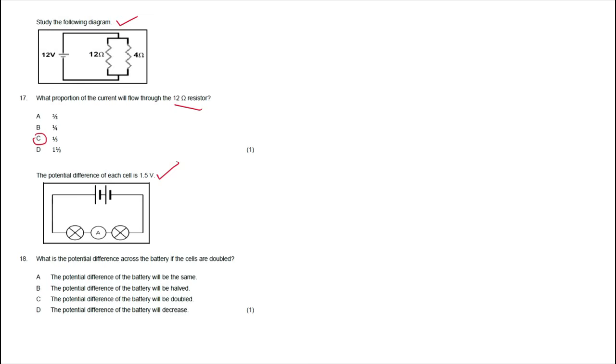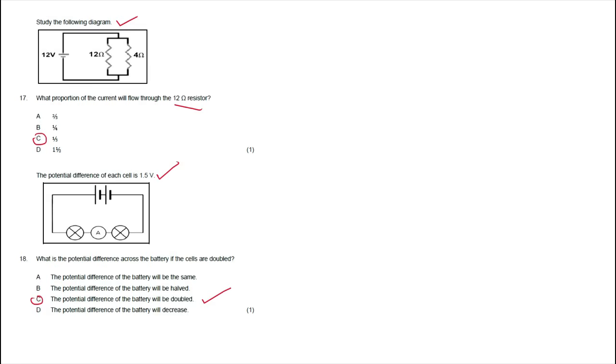So we know that two cells in a series add their voltages. So the correct answer will be C, which says that the potential difference of the battery will be doubled. And the reason is that two cells in a series add their voltages.